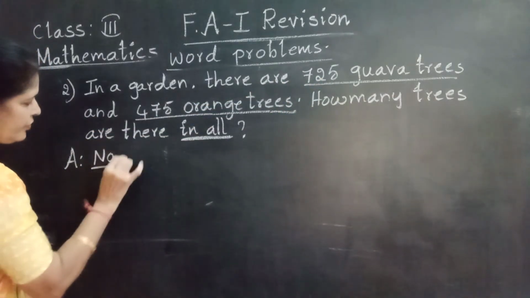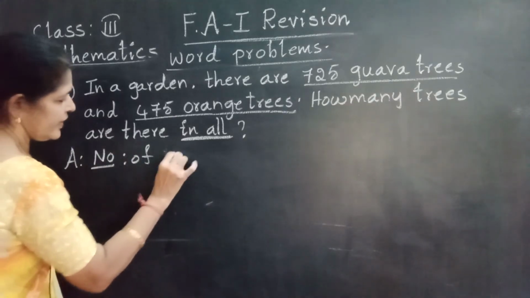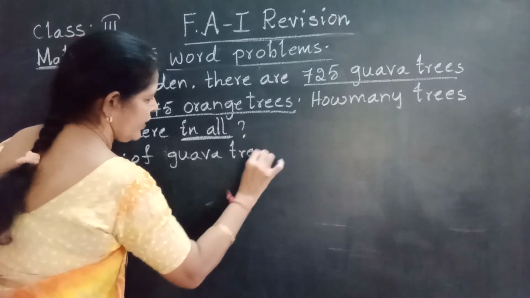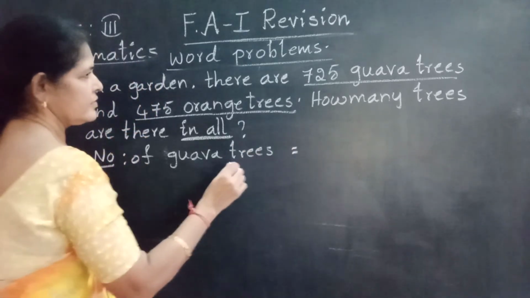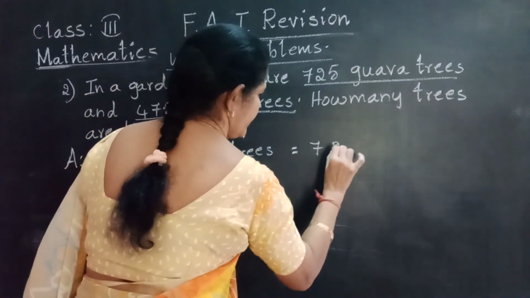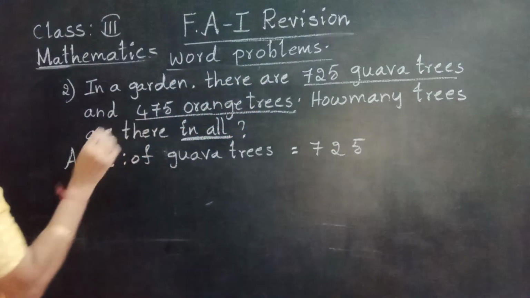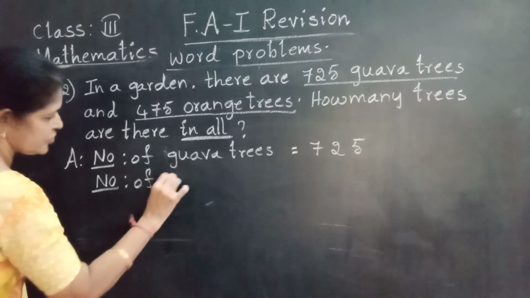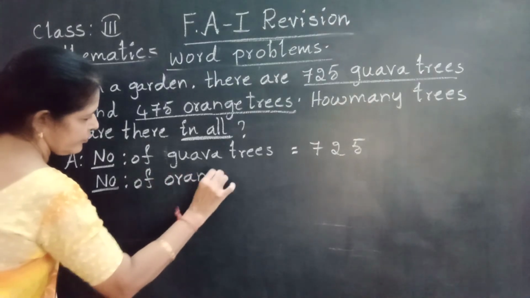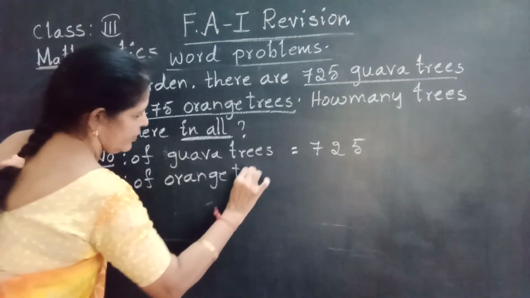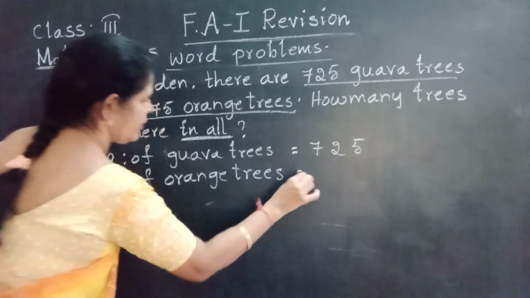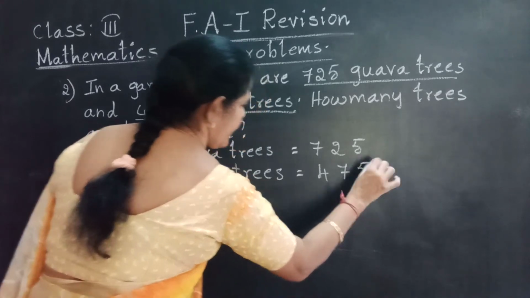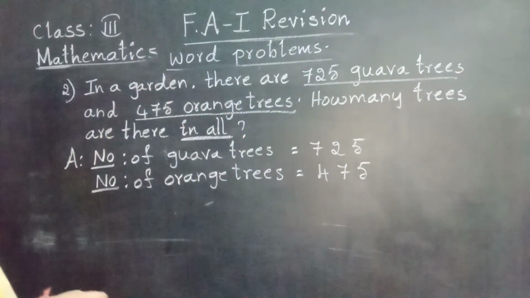Number of guava trees, 725. Next one, orange trees. Number of orange trees, 475. Write the numbers correctly, one below the other.